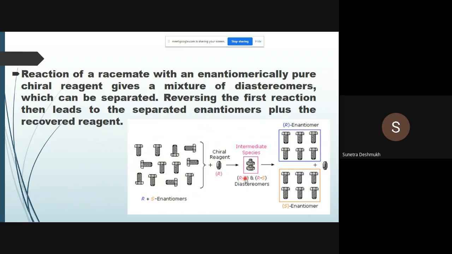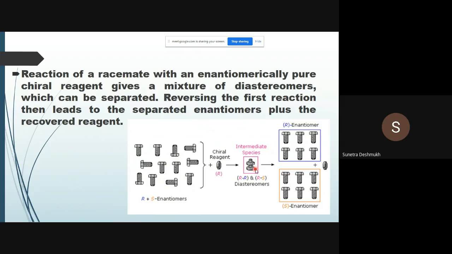Here we get an RR diastereomeric complex and an RS diastereomeric complex. By complexing with the chiral resolving agent, we are successful in separating the R and S enantiomers into two different diastereomeric complexes.